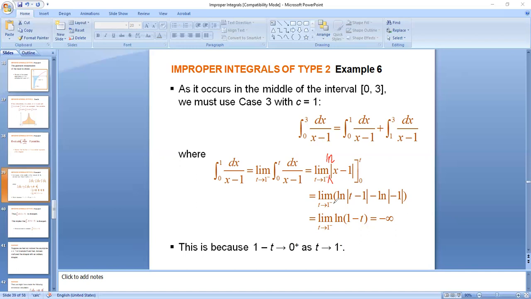Now, I have a question. Why do you think it came to this one? How did ln of t minus 1 minus ln of negative 1 become like this, the ln of 1 minus t? Anyone?